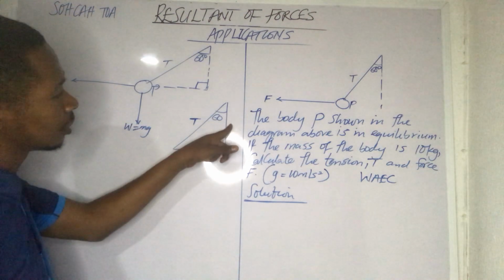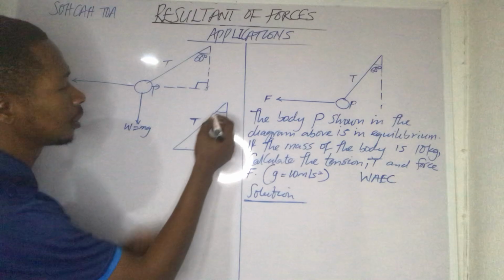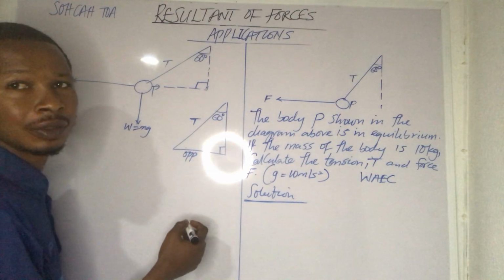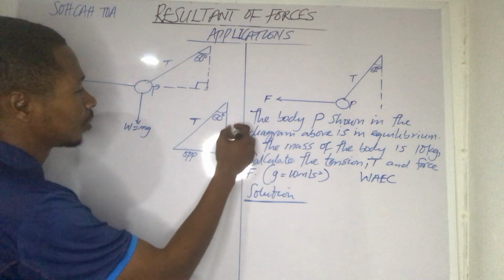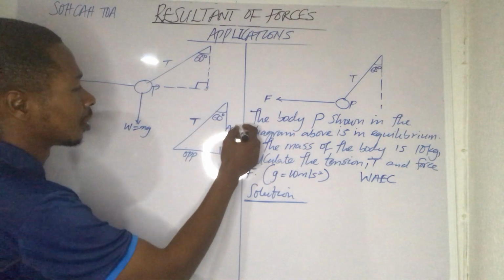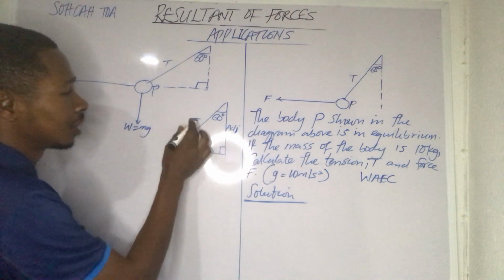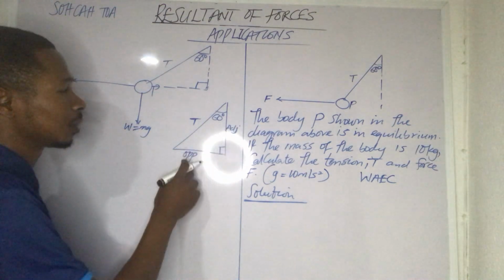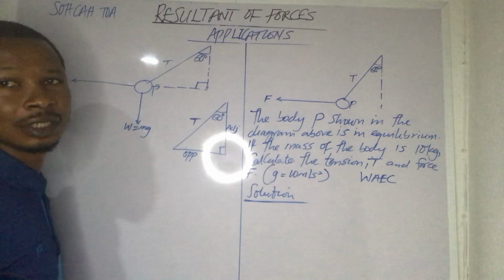Then I need to find this place. If I consider this triangle, the side that is facing it here is my opposite. The side that is here will be my adjacent. And this side that is facing the 90 is my opposite. So I need to first find this adjacent and opposite in terms of this T.